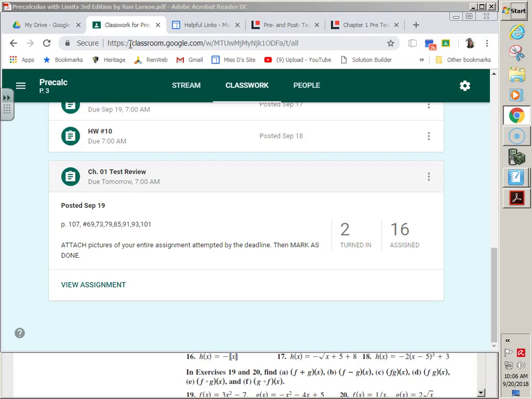Transformations of functions, section 1.7. Compositions of functions, section 1.8.